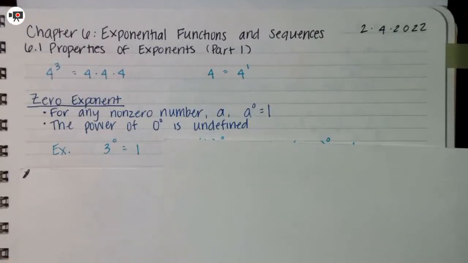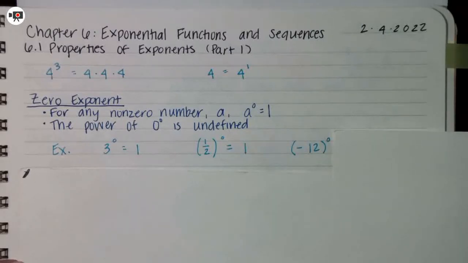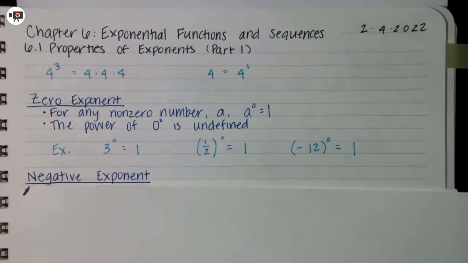So, if I have 3 to the power of 0, that equals 1. If I have 1/2 to the power of 0, that equals 1. And if I have negative 12 to the 0 power, that equals 1. I can also have an exponent that is negative.